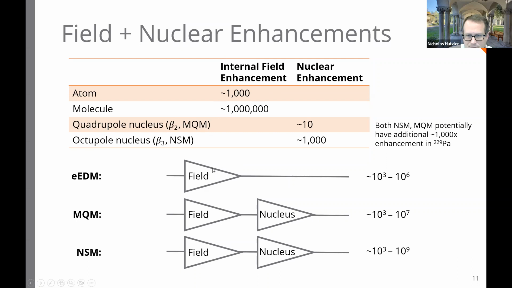And it doesn't really care. I mean, in some sense, it arises from the nucleus. But what I mean by you don't get any additional enhancement is that the electron is the same in every atom or molecule. The nucleus is different in different atoms or molecules, and the nucleus itself can have more or less sensitivity to CP violation by having a larger or smaller MQM or NSM, nuclear shift moment.